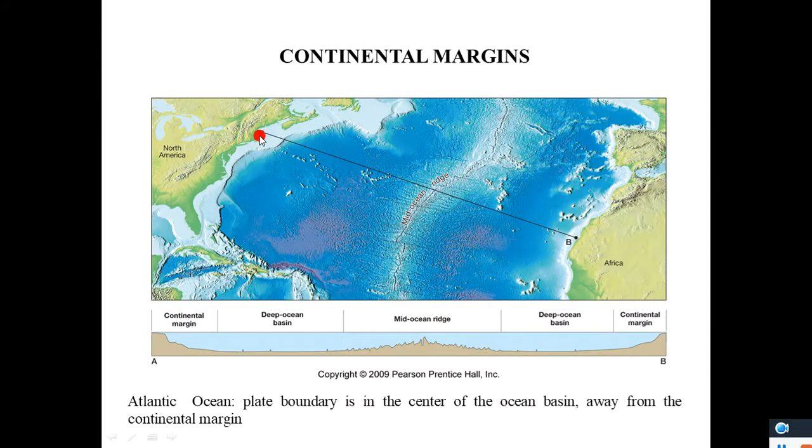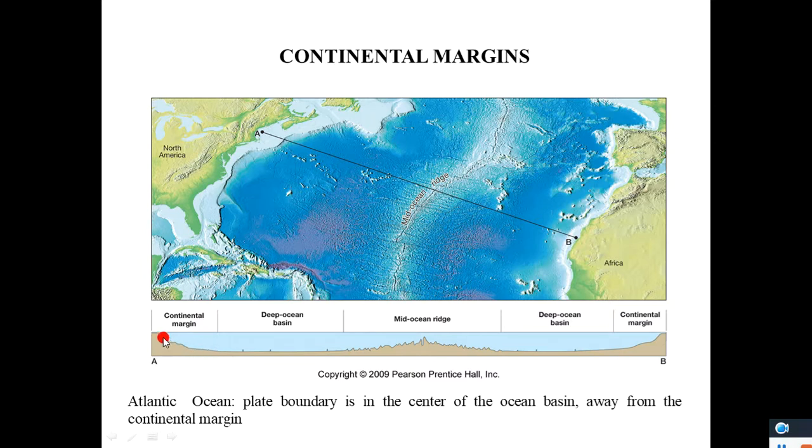If we talk about continental margins, the transitional area which joins the continents to the oceans, where the continent meets the ocean, is known as the continental margin. If we go from this point A to point B, this part is the continental margin: the continental shelf, slope and continental rise.